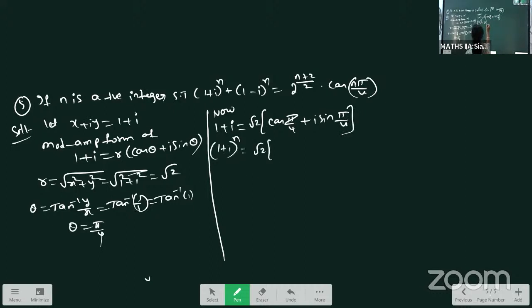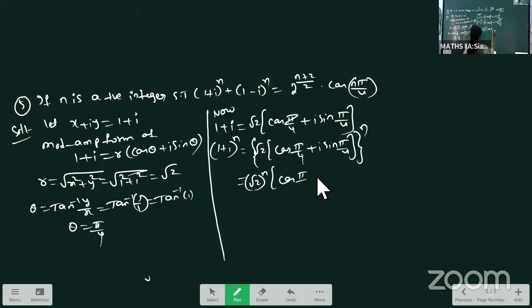Apply whole power n: root 2 into cos pi by 4 plus i sin pi by 4, whole to the power n. So this is root 2 power n into cos pi by 4 plus i sin pi by 4 whole to the power n.